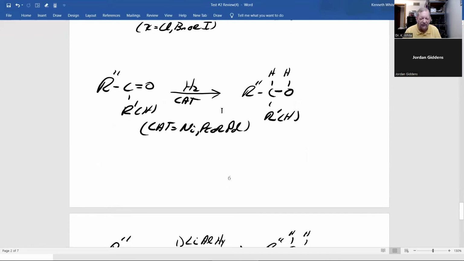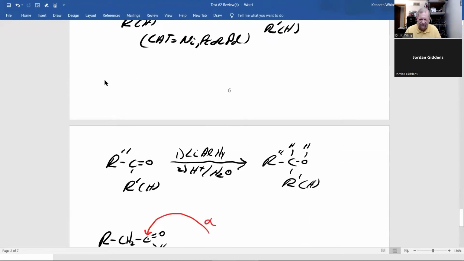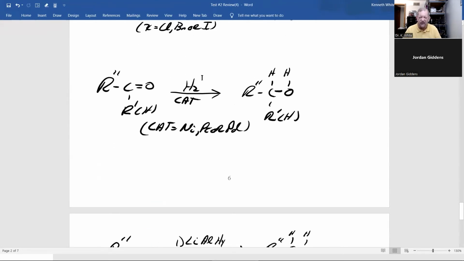All right, a simple one, and that is if you take a ketone or aldehyde, react with hydrogen and catalyst. Catalyst can be nickel, platinum, or palladium. You break the pi bond, and each atom of the double bond carbon-oxygen gets a hydrogen, you made an alcohol from a ketone or aldehyde. Now, hydrogen can react with a carbon-carbon double bond.